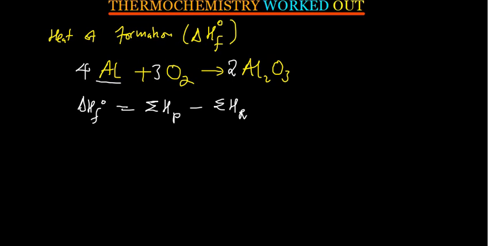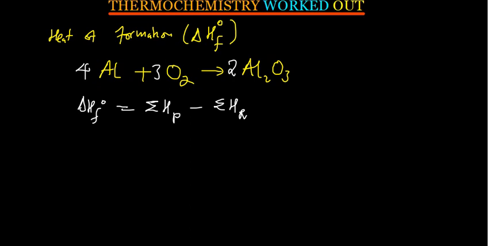Now, when you're talking about a pure element or a molecule made of the same atoms, like an oxygen molecule or nitrogen molecule, the heat of formation is zero. But for a molecule like ammonia made from different atoms, the heat of formation will be given.